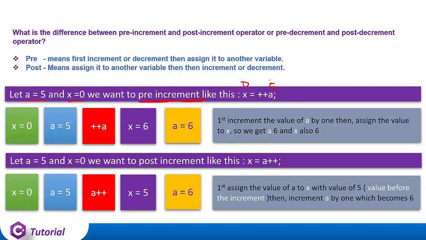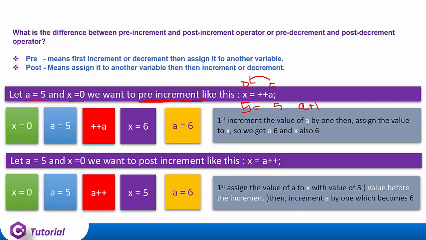First, the a will go to x, which has 5. Okay, so here it will be 5, a also 5, but here we say a plus 1. So we add 1 to a.